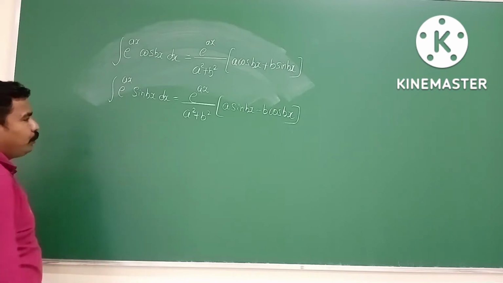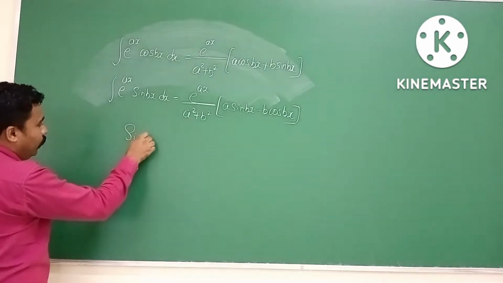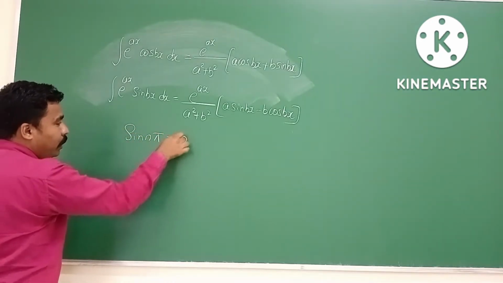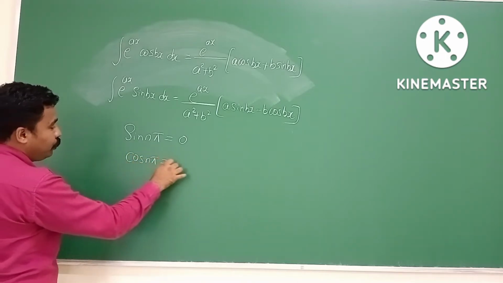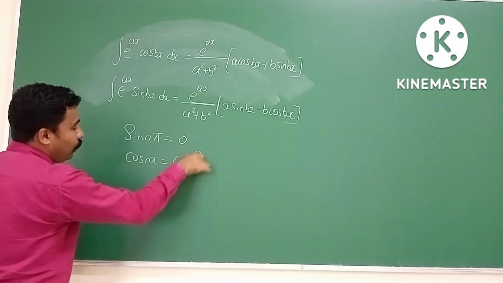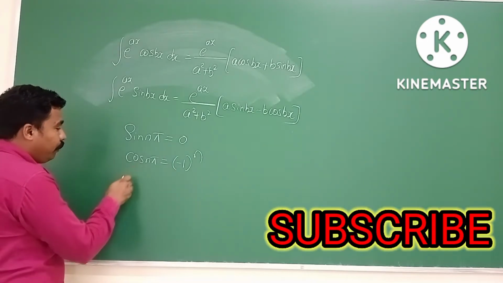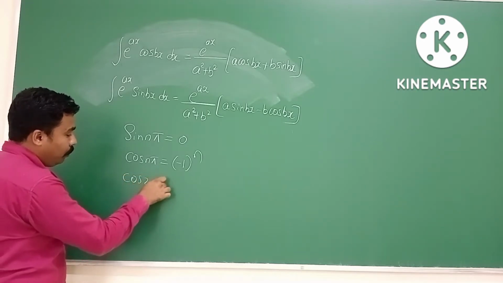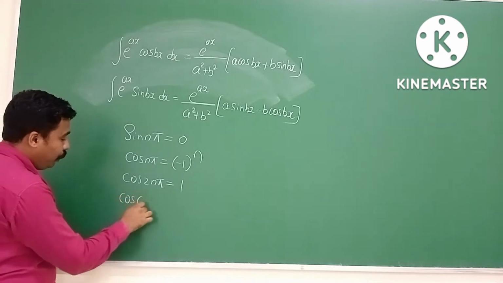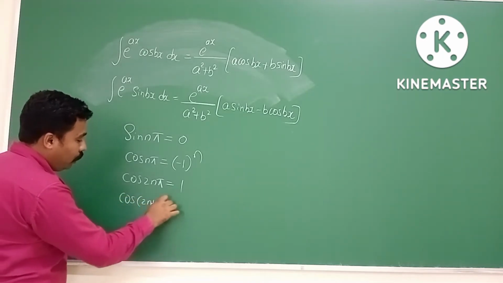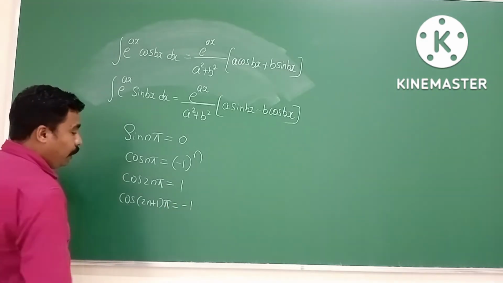Along with this, we should also know some trigonometric terms. We should know sin n pi is 0. Similarly, cos n pi is minus 1 power n. In particular, if I take even multiples, cos 2n pi is plus 1, and cos (2n plus 1) pi, that is an odd multiple of pi, is minus 1.